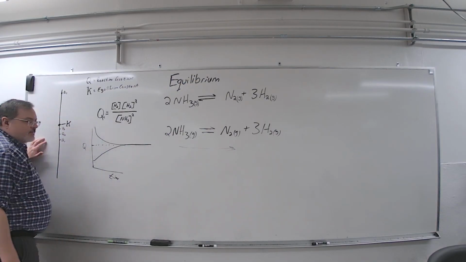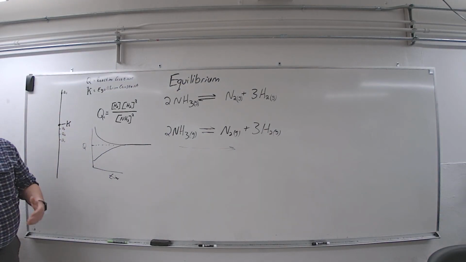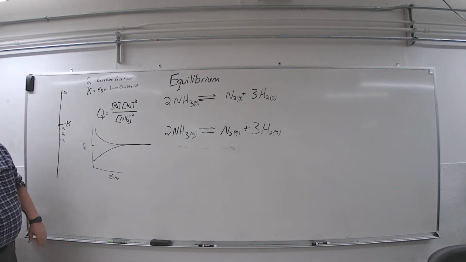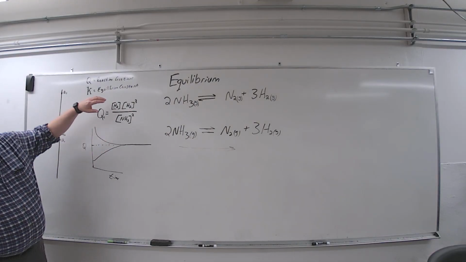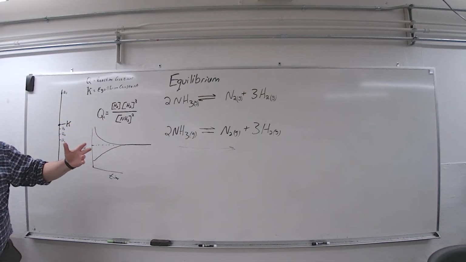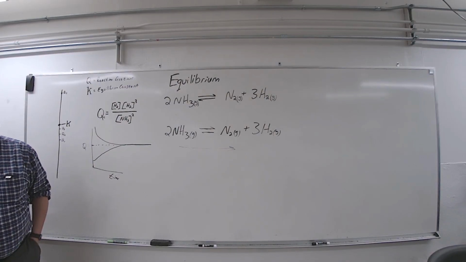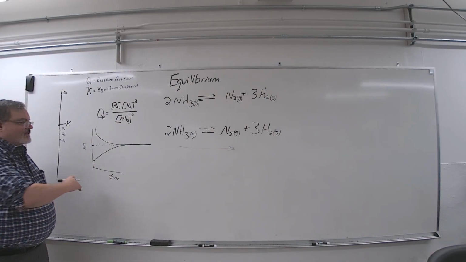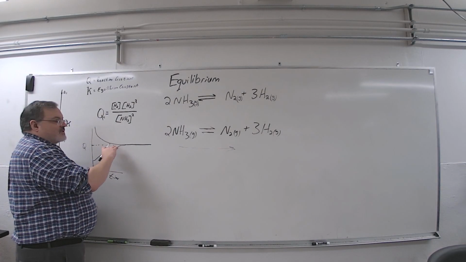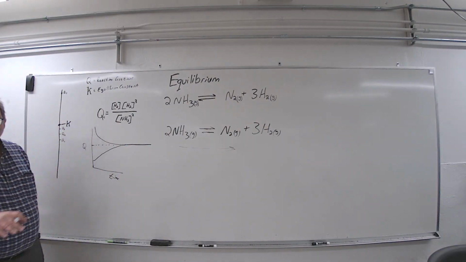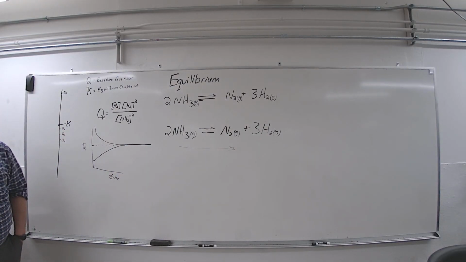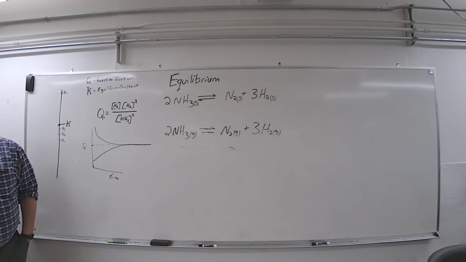As long as nobody comes and messes with anything, it will just sit there and stay at that particular ratio of products to reactants indefinitely until somebody comes and disturbs it. Sometimes that happens very fast, sometimes it takes a long time to get to equilibrium, but once it gets there, it stays there. That's the concept of equilibrium. You with me?